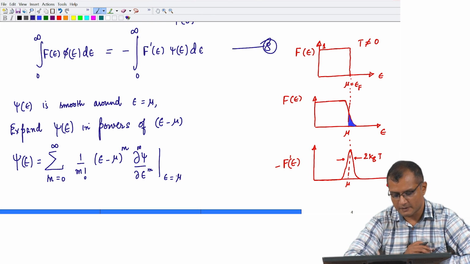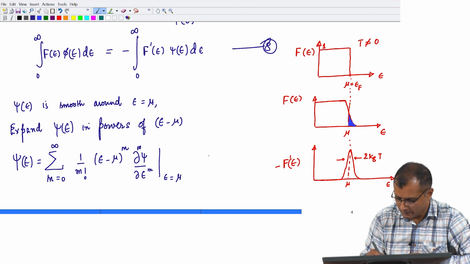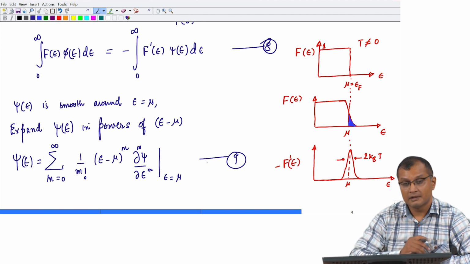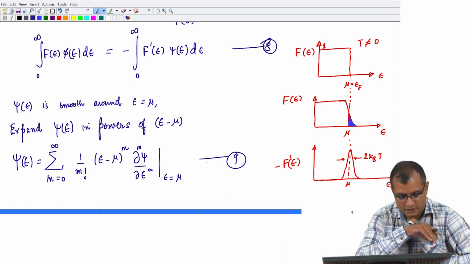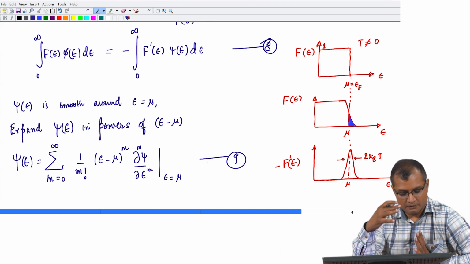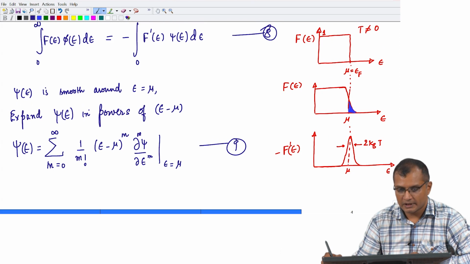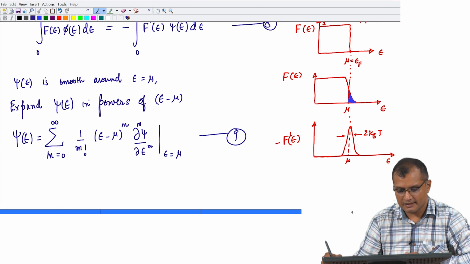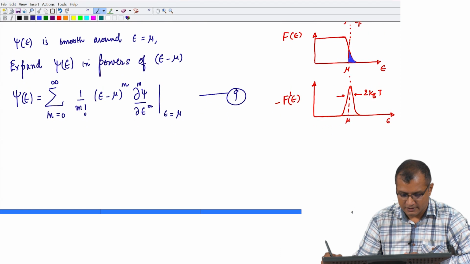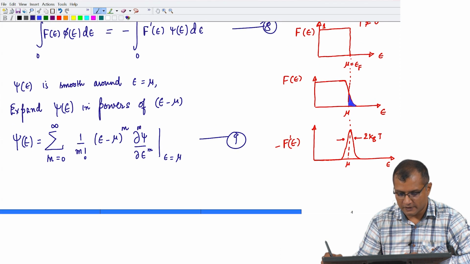This is the Taylor expansion. Now, you can plug this so-called smooth behavior of psi into equation 8 and try to solve it. This is the last step that is required, and the smoothness of psi helps us to solve equation 8.